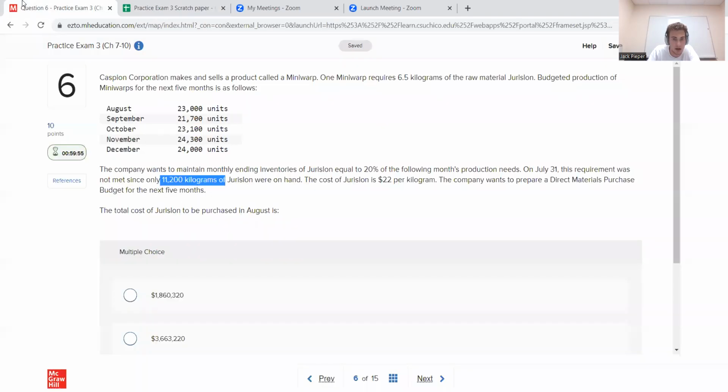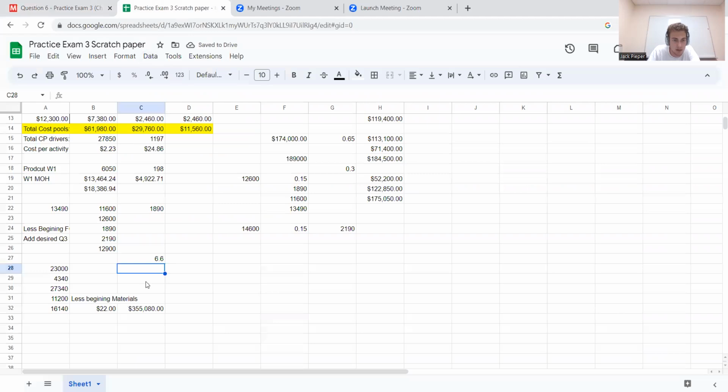So 6.5 per unit. Okay, and then we'll do this times 6.5 less our beginning materials again, right? And we'll get this, but equals this minus this, and then we will multiply by $22.